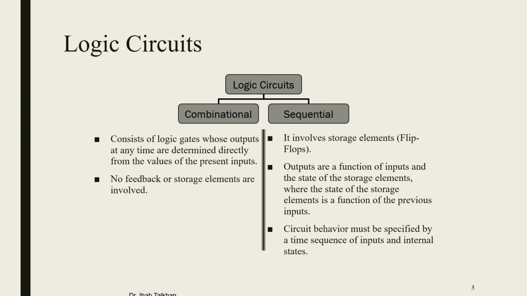The outputs of this type of hardware are a function of the inputs and the state of the storage element. In the past, in the combinational circuit, the output is a function of inputs only. But here, it's a function of inputs and the state of the storage element, and the state of the storage element is a function of the previous input.